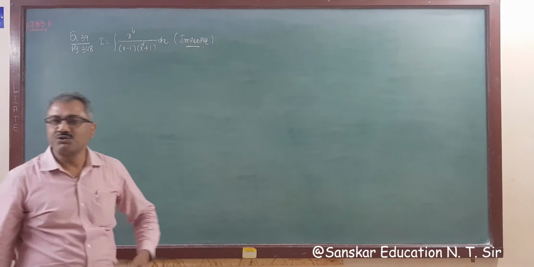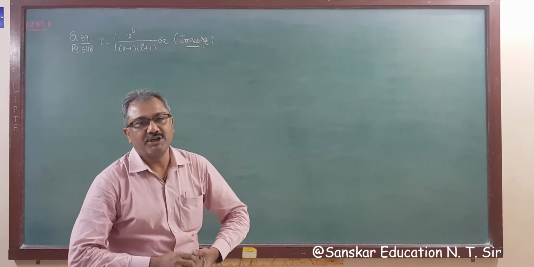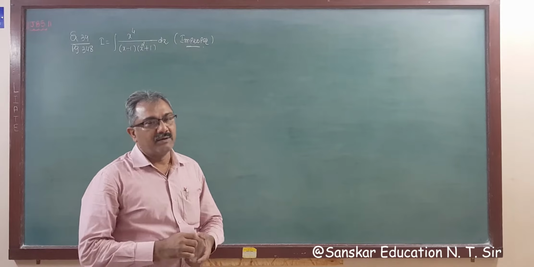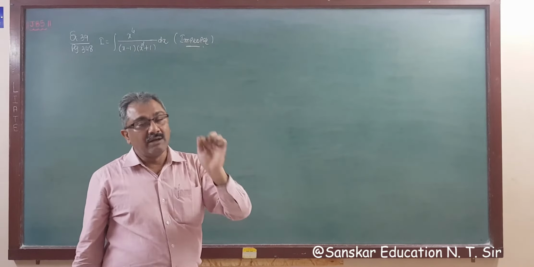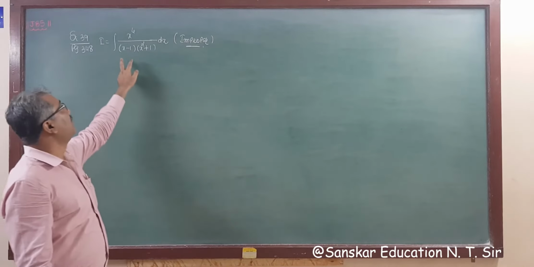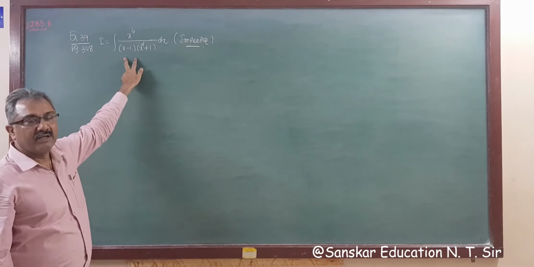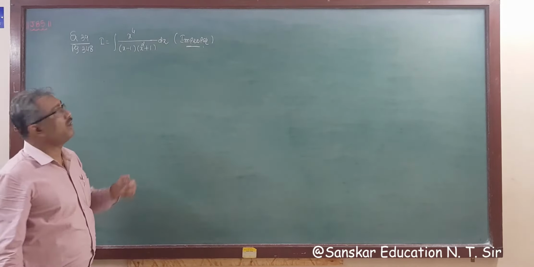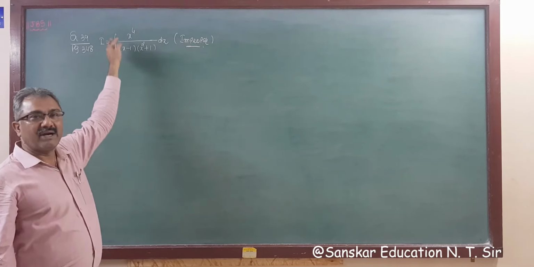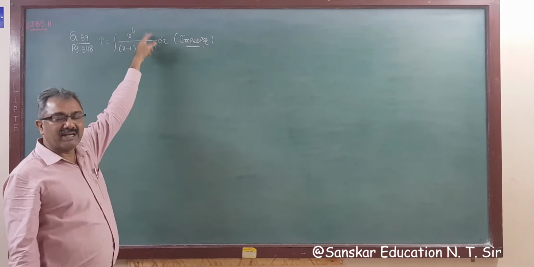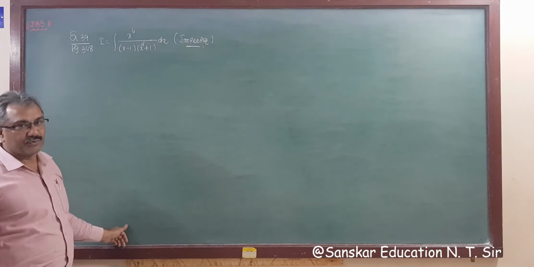That means we have to change this given function into a proper rational function, so the degree of the numerator must be less than the degree of the denominator. How to change? You have to divide. For that you would have to multiply the denominator out and divide into x raised to 4, and that is a long process.